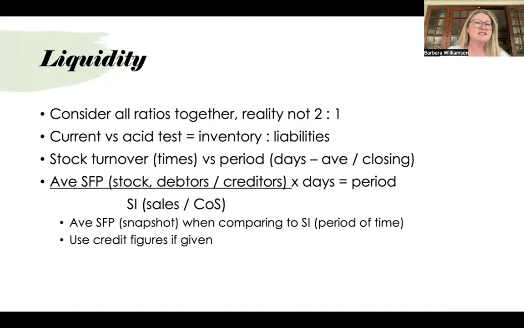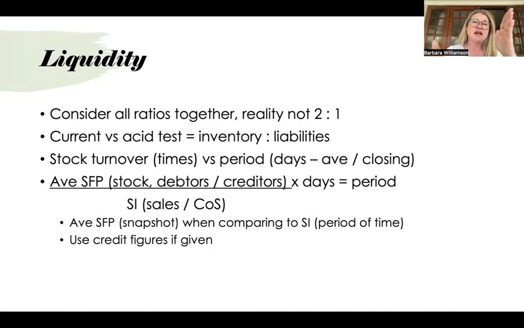You might have wondered why some figures in these calculations have to be averaged and other ratios don't have an average. It's quite simple. If you're looking at a statement of income, it's for a period of time. So you're looking over a year or a month or whatever period it is. If you're looking at a statement of financial position, it is only at a point in time. So that is not really easy to compare to a whole period like a year.